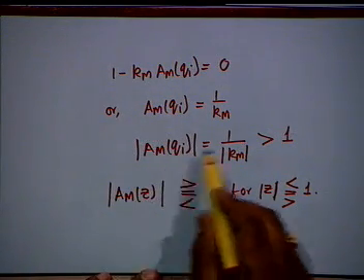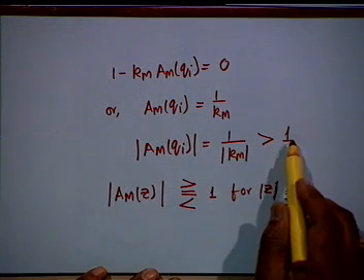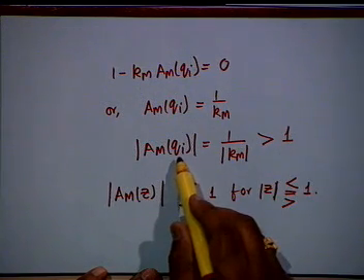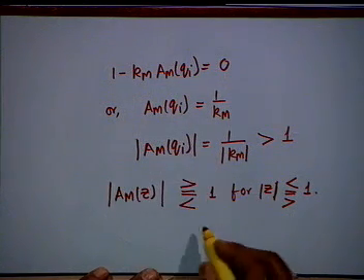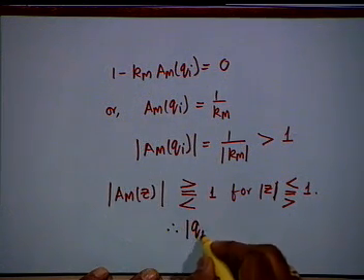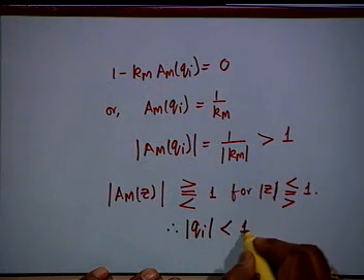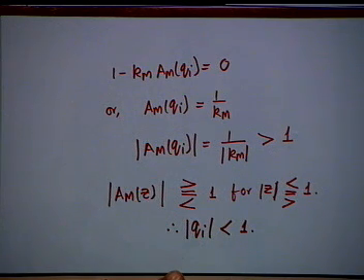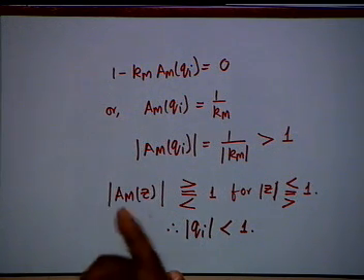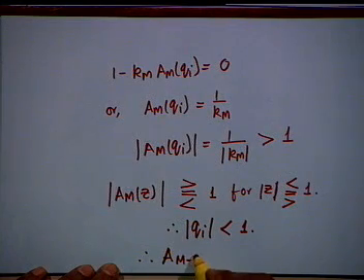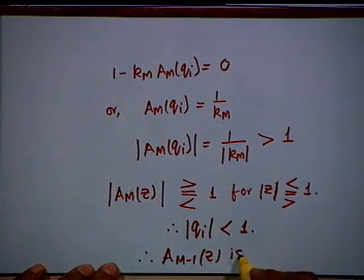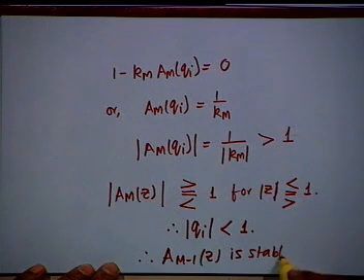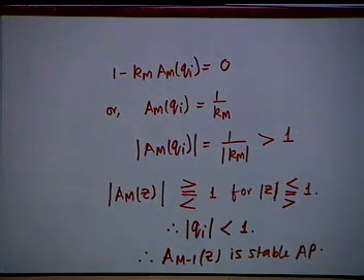So, if Am Qi is greater than 1, then Qi must be less than 1. Therefore, magnitude Qi is less than 1. What are Qi's? Poles of Am minus 1 z, and therefore Am minus 1 z is stable all pass. Okay?